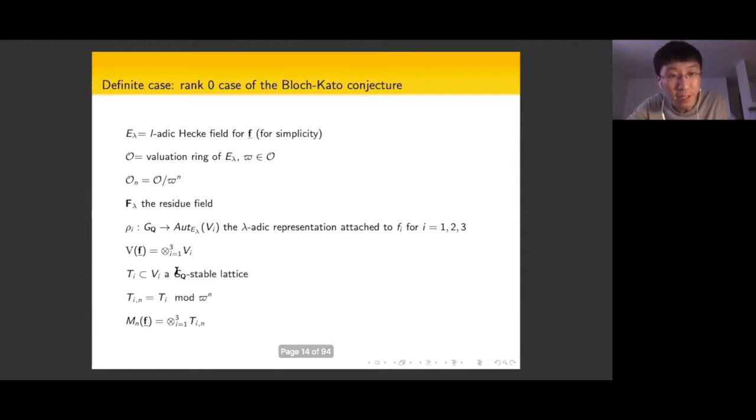Okay, and then I will fix a Galois stable lattice inside this Galois representation, and I will denote it by T_i sub n to be this lattice modulo pi to the n. And then I have this finite Galois module, which is just the triple tensor product of the T_i n.